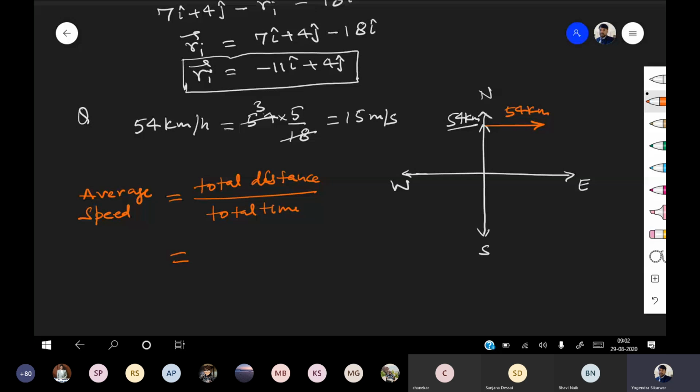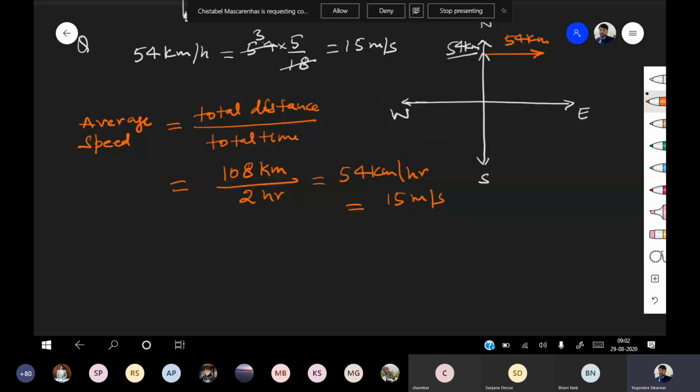Now total distance is how much? 54 plus 54, 108 kilometers. And time is 2 hours. That becomes 54 kilometer per hour. And that is nothing but 15 meters per second. Alright. So that is for speed.